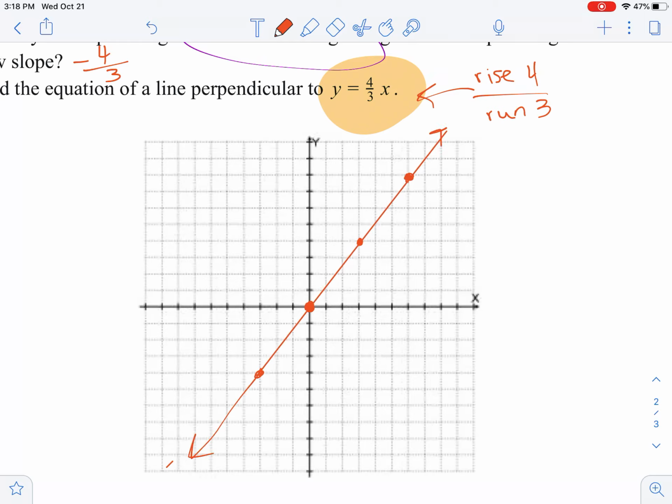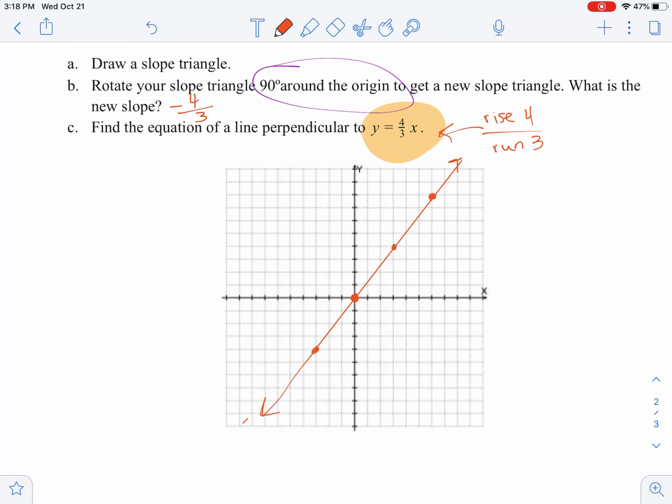All right, and we are trying to find the equation of a line that's perpendicular to that. Well, we did talk about if a line is perpendicular, the slope of that perpendicular line has to be the opposite reciprocal of the slope that it's got.